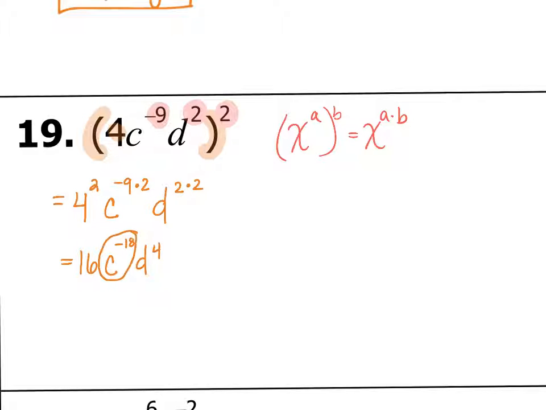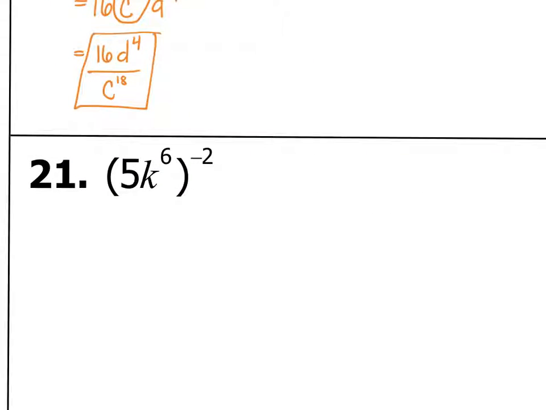C needs to move, so we leave 16, d to the 4th, and move c to the 18th downstairs. For the last example, number 21, again, keep in mind that this negative 2 power is applying to the parentheses. So that's equal to 5 to the negative 2, k to the 6 times negative 2. 5 to the negative 2 is nothing right now, and k to the negative 12.